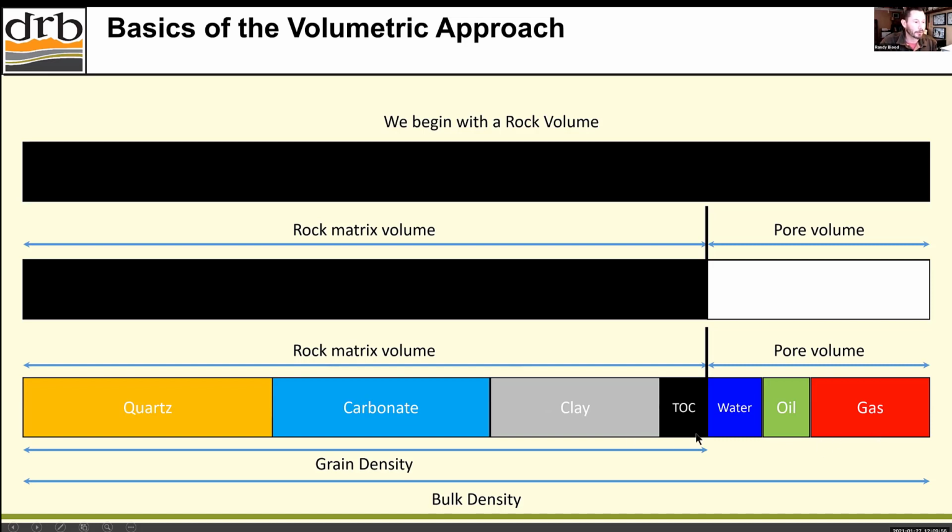The bulk density captures the entire rock volume, including the pore volume and the fluids in there. The difference between those gives the porosities, and then those different log signatures are how we break that down into oil, gas, and water in the system. So this is the approach we're talking about: the core to log derivations of all these different components, and the issues that we've seen moving forward with that.